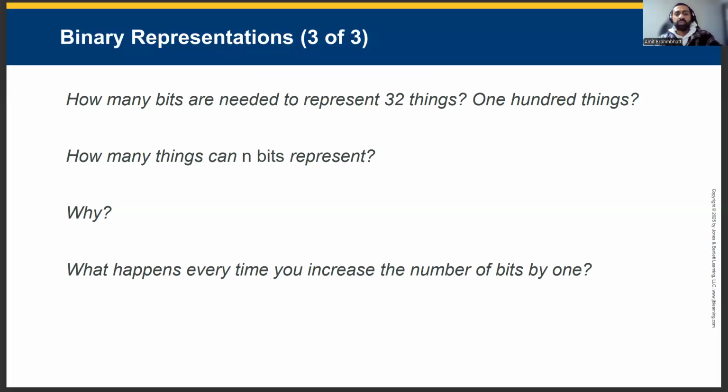This doubling affects why computer capacities such as memory size and address space grow in powers of 2. Recognizing this pattern allows us to predict how much storage is needed for a given task, and why system limits often appear as powers of 2.